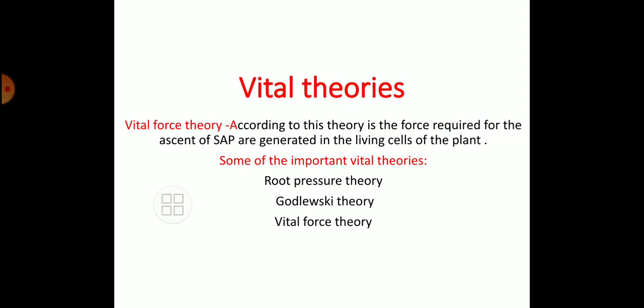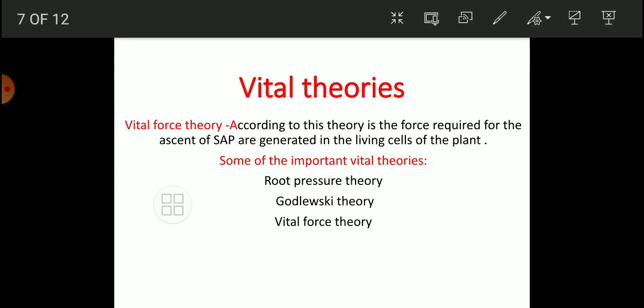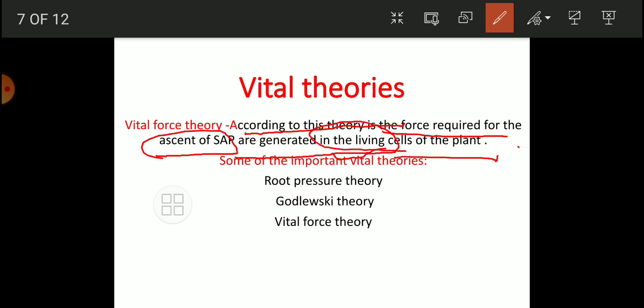What are the vital theories? Vital theories are nothing but the vital force theory. According to this theory, the force required for the ascent of sap is generated in the living cells of the plant. What is the vital force theory?